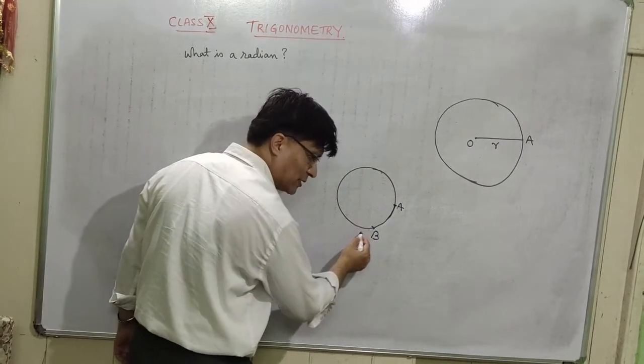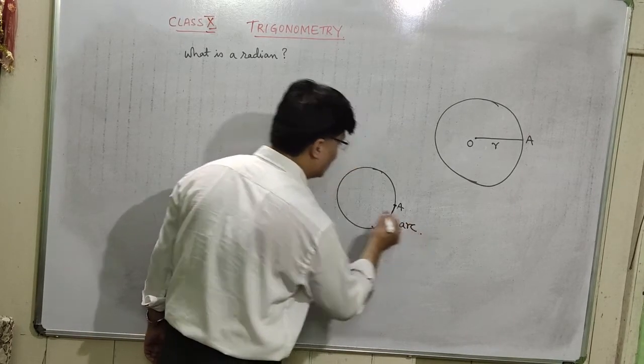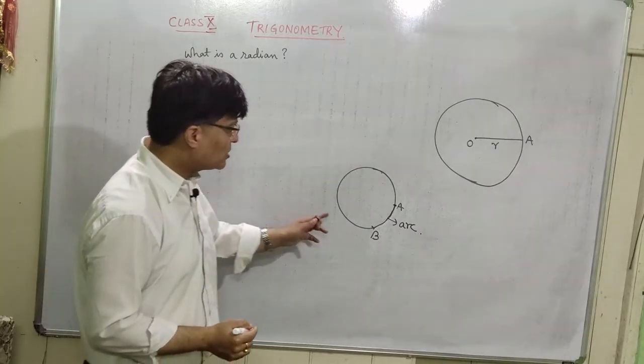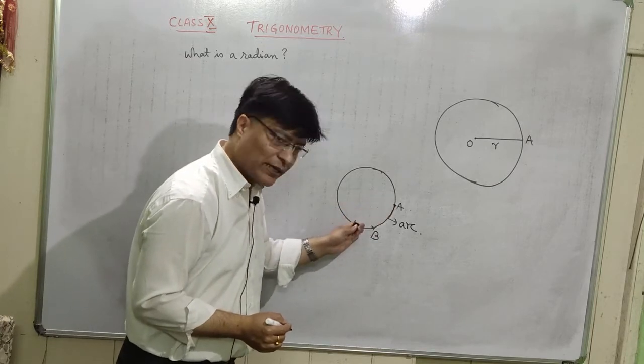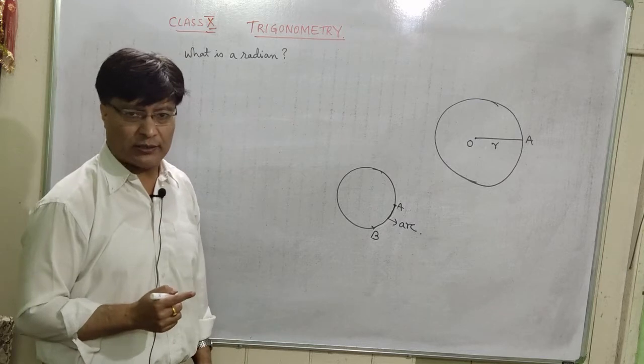This AB is known as the arc of a circle. In this circle, let us take this part only, AB. This AB is known as the arc of a circle.